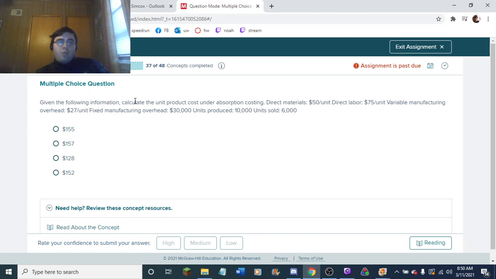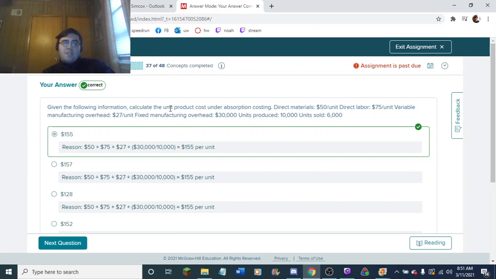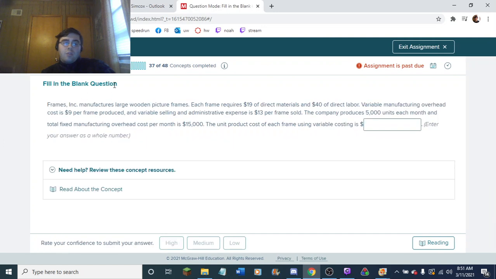It's no. Oh my goodness. What? They said it's absorption costing, but they calculated the cost per unit and they used the number of units produced. What? Oh my goodness.